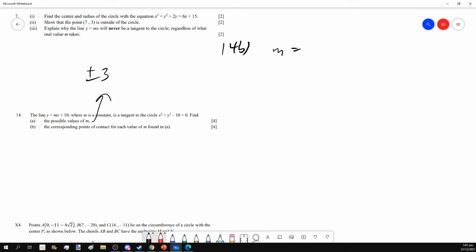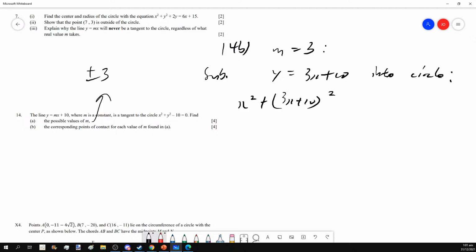Let's say we have m equals to 3. Let's start with the positive case. Then that will mean that y equals to 3x plus 10, and we will substitute y equals to 3x plus 10 into the circle. This should give us x squared plus y squared minus 10 equal to 0. From here, we will go on to open up the brackets. So x squared plus 9x squared plus 60x plus 100 minus 10 equals 0.